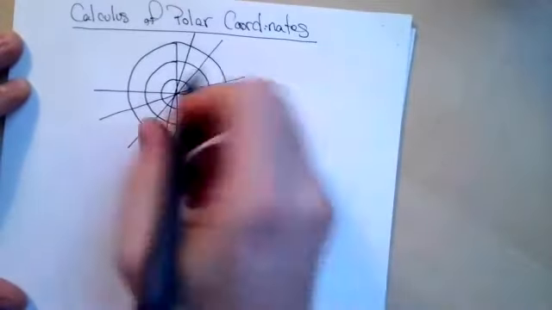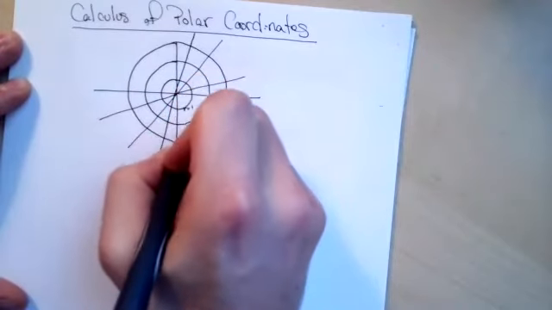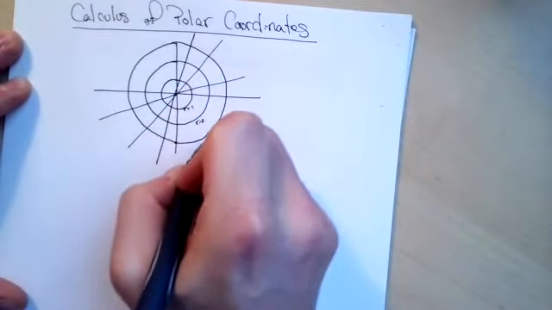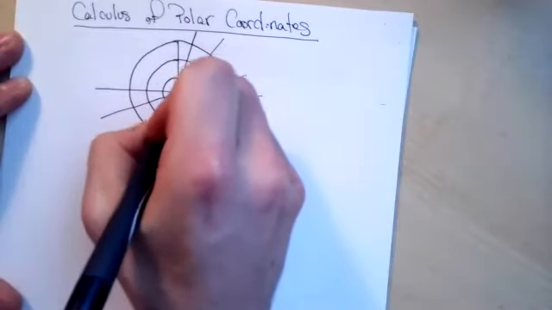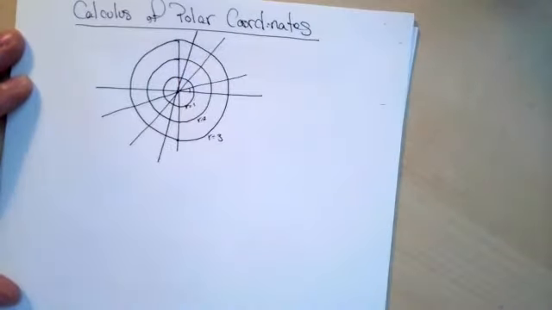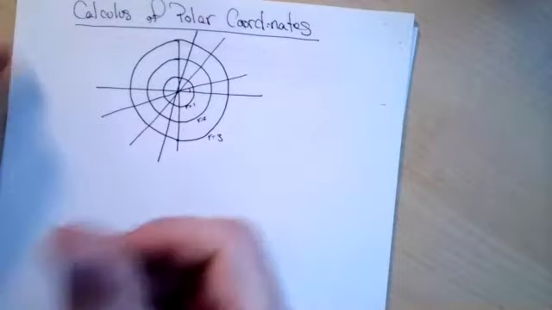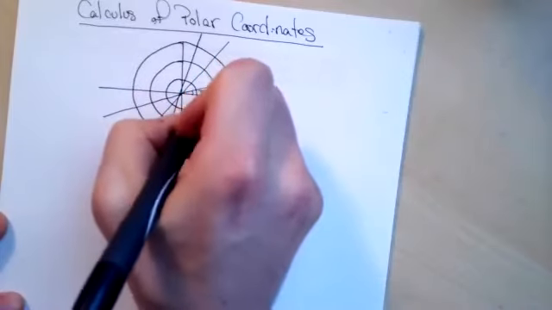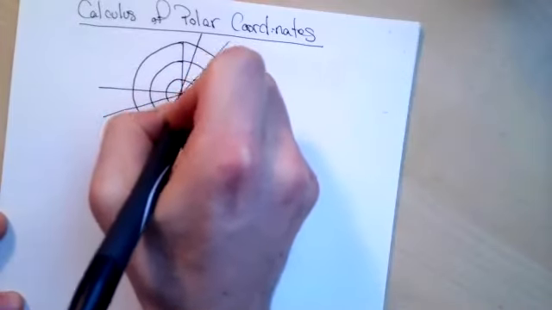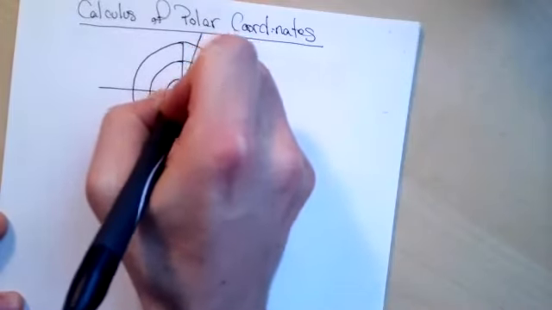And so each ring of the circle would be r equals 1, r equals 2, r equals 3. And then, of course, whatever angle these radial lines make is the theta coordinate. So maybe this one's pi over 6, pi over 4, and pi over 3.